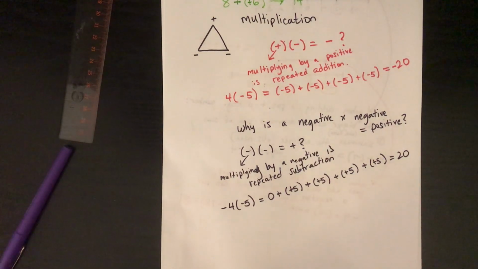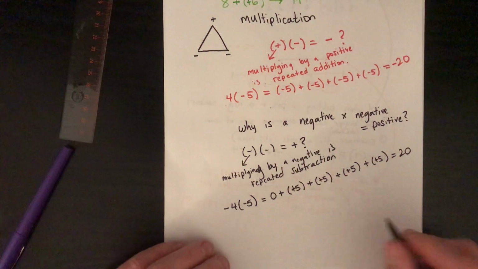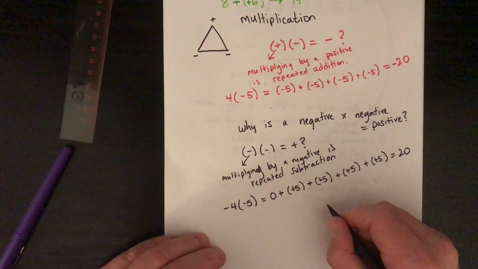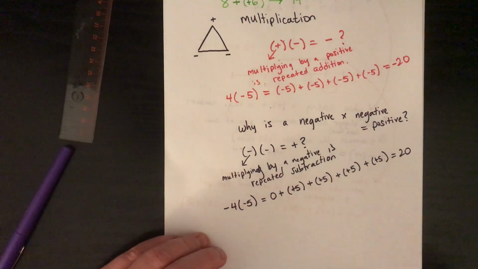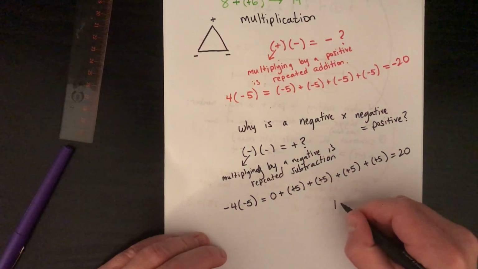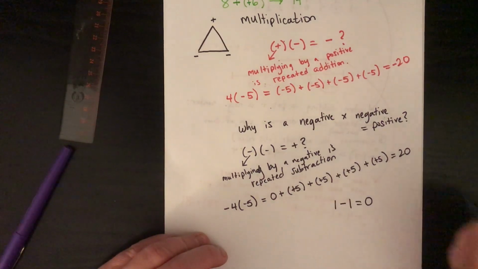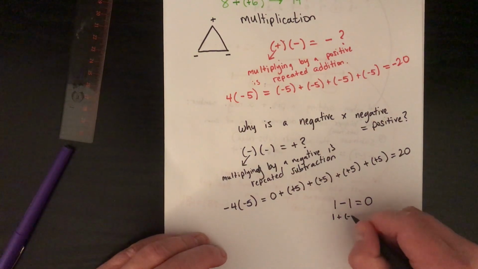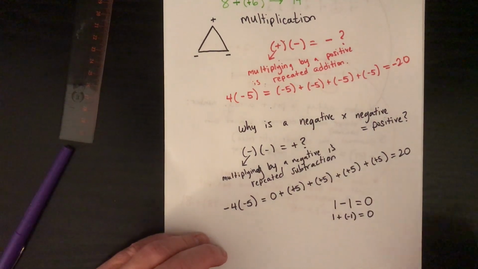And then I did that proof for you that looked like this. I'm not going to redo this whole thing because I think most people don't even really understand it anyways. But just to jog your memory, to be like, oh yeah, I kind of remember that. I said, well, we know that 1 minus 1 equals 0. Everybody agrees that. And we can rewrite that as 1 plus -1 equals 0.